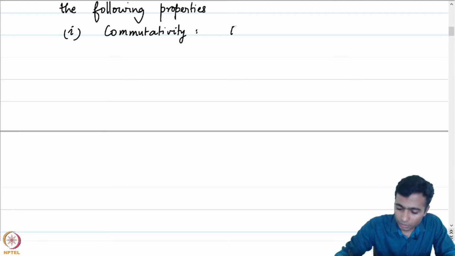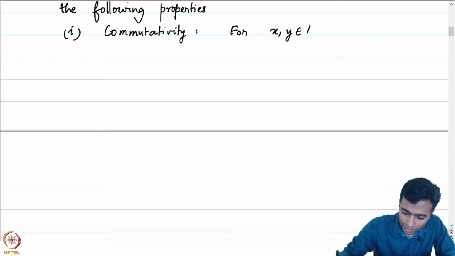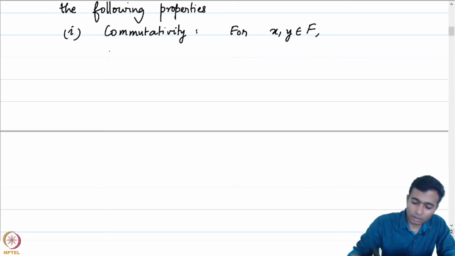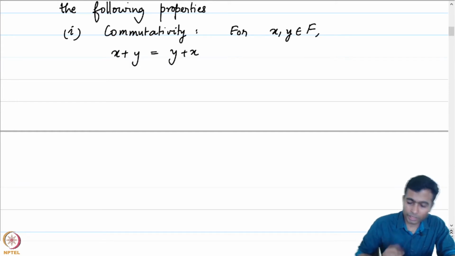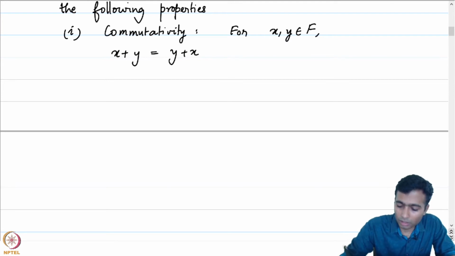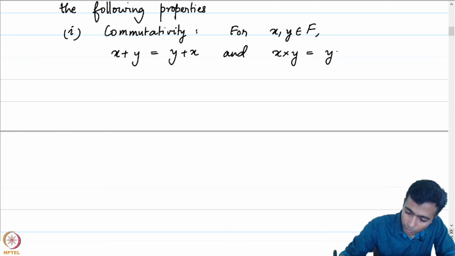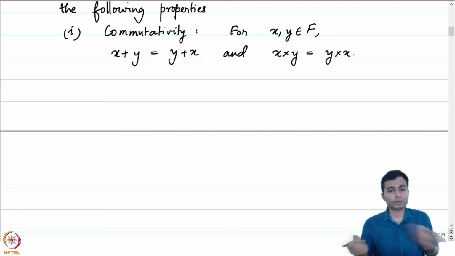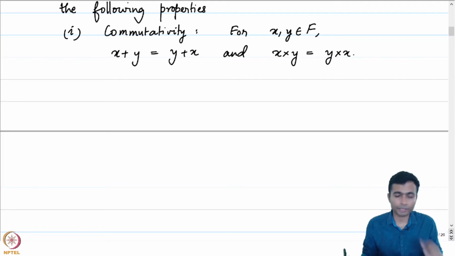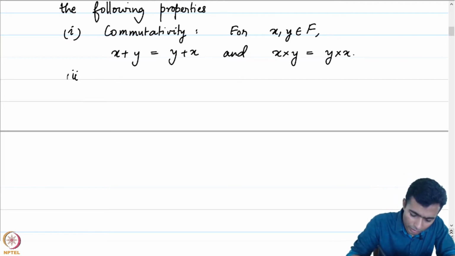If you take two elements x, y in F, x plus y is always equal to y plus x. The order in which we take the sum doesn't matter, and x times y is equal to y times x. The order in which you multiply also doesn't matter: commutative. The second one is associativity.